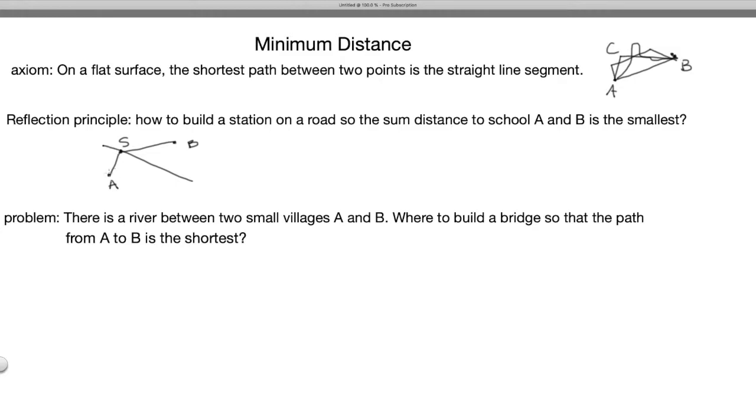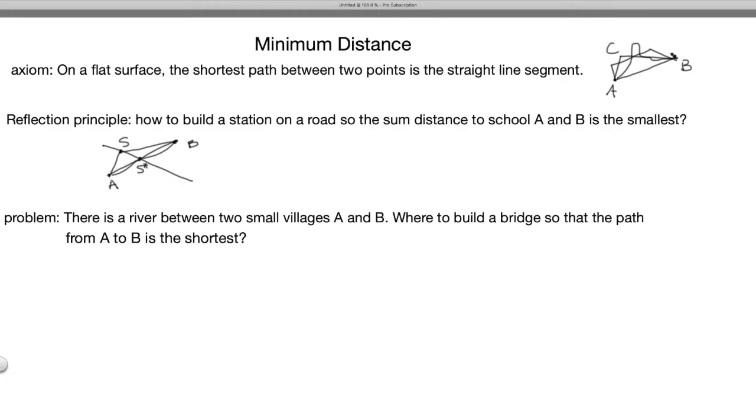And we know from the triangle inequality that SA plus SB is going to be bigger than AB. If we pick the station to be at the crossing point S star, then the sum of distances AS star plus S star B is going to be equal to AB, and that is the smallest.